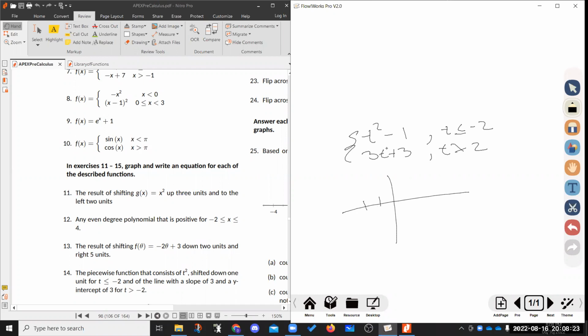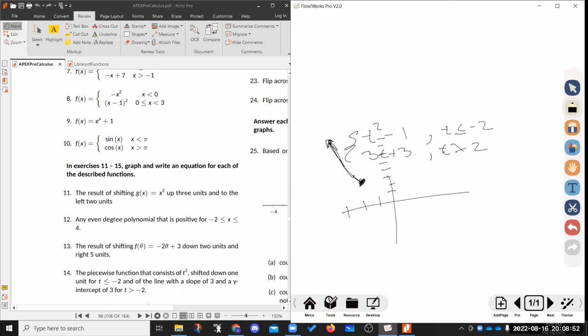There's -2. 4 minus 1 is 3. There's a closed circle there. We're going to the left. So 3 squared is 9. 9 minus 1 is 8. We're coming up over here. This way we're already past the vertex. So there we go.